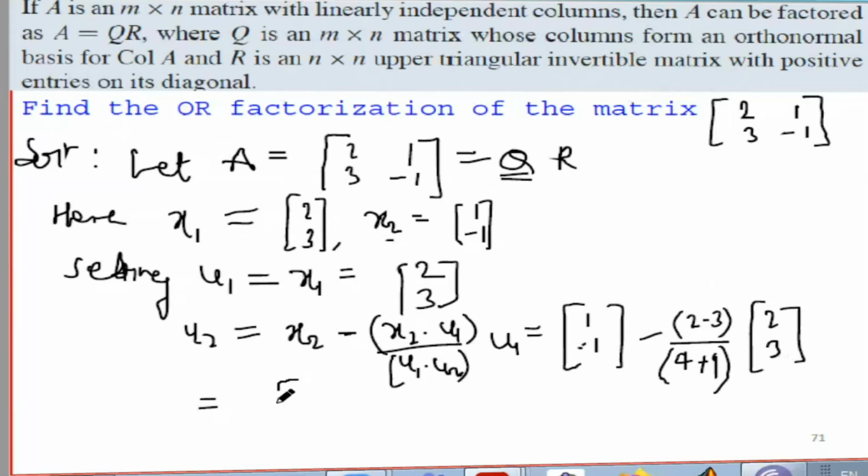So u2 is (1, -1) minus (2 minus 3, which is -1) divided by 13, times (2, 3). This equals (1, -1) plus 1 by 13 times (2, 3).